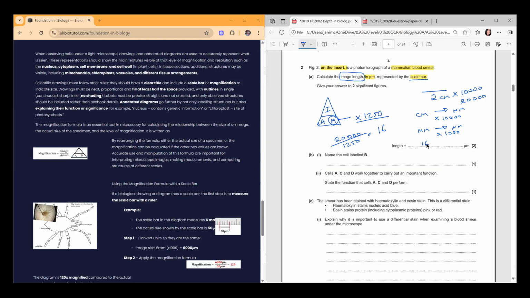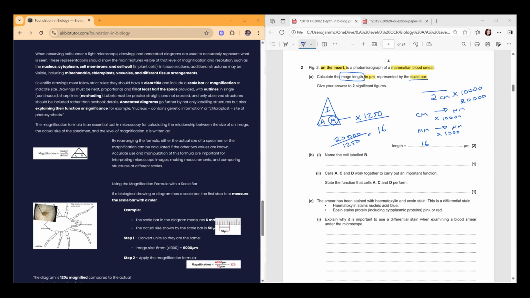The correct answer they were looking for in this question was actually 12, but they will allow a little bit of deviation because it's about you measuring using your ruler. But the other thing to note is that they will give marking points for doing the calculations correctly.